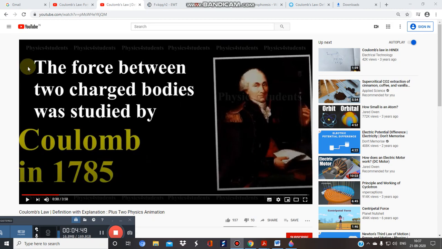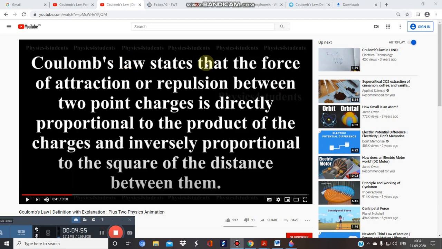The force between two charged bodies was studied in 1785 by Coulomb. It states that the force of attraction or repulsion between two point charges is directly proportional to the product of the charges, whereas it is inversely proportional to the square of the distance between them.